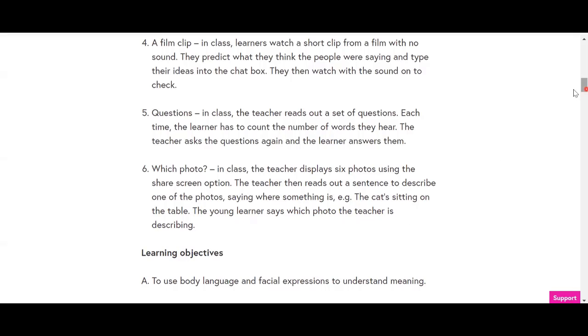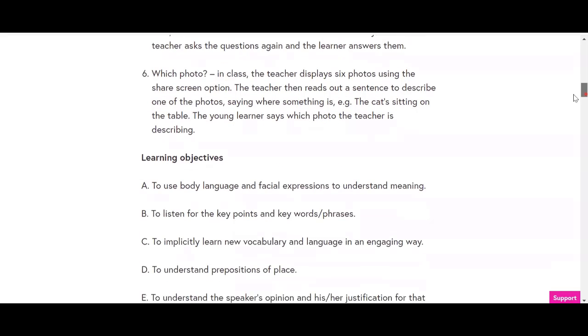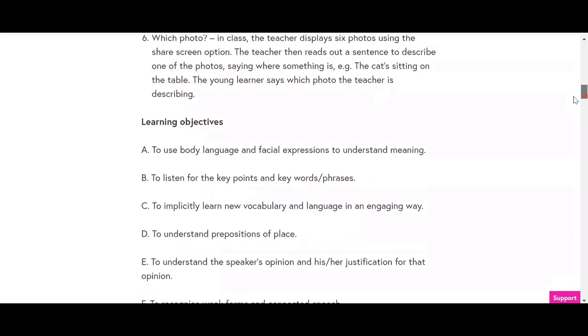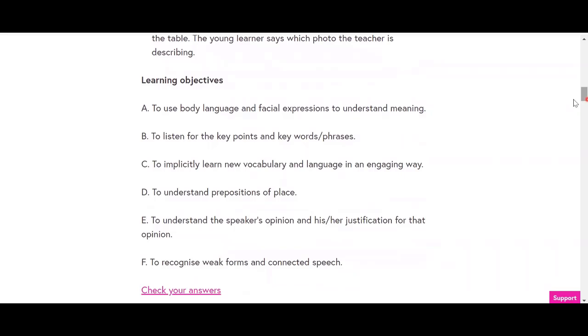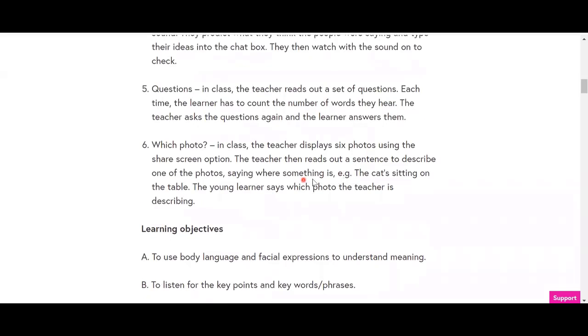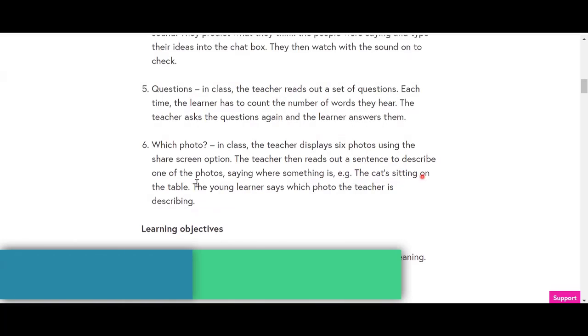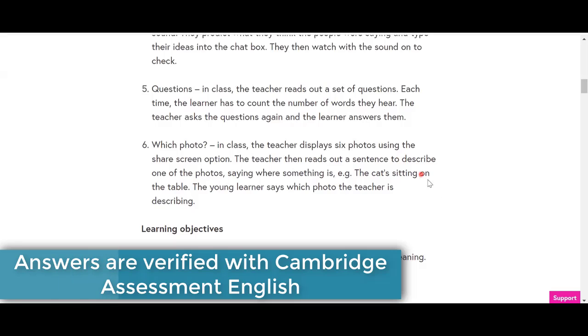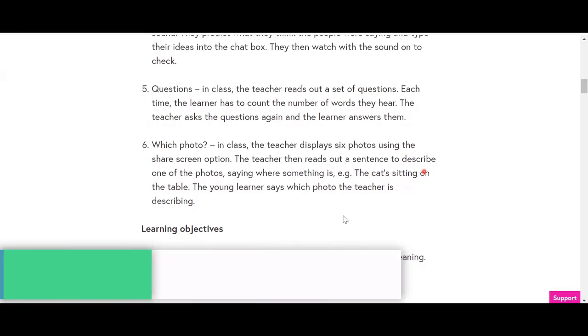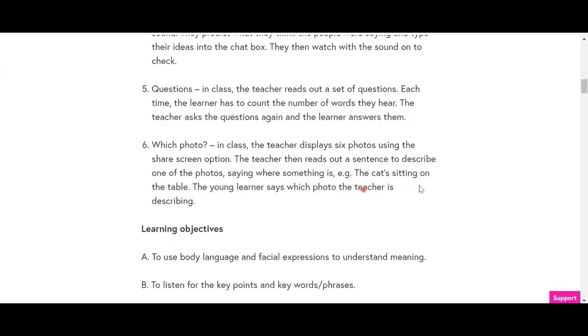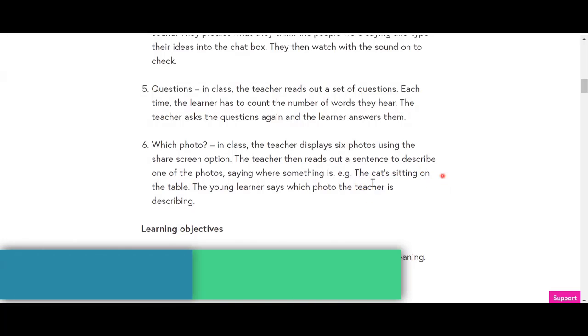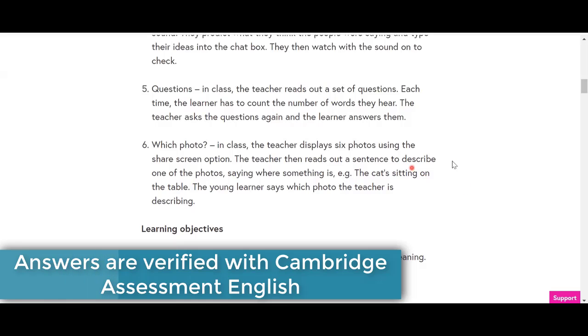So the answer for number 6, which photo, is letter D, to understand the preposition of place, because the teacher says the cat is sitting on the table, so the preposition is on. They use the photo to teach prepositions of place in this particular lesson.